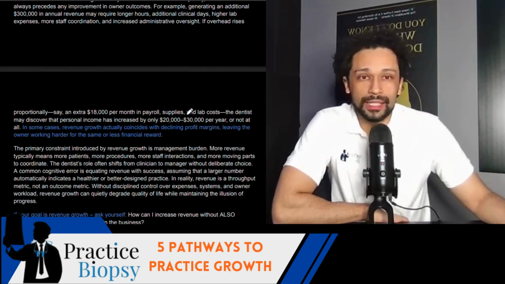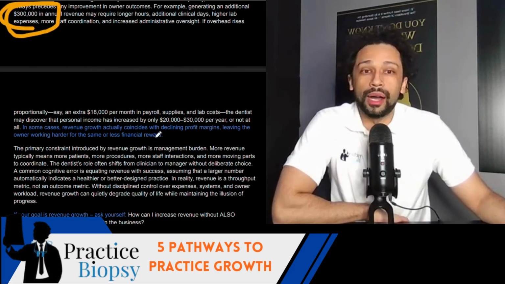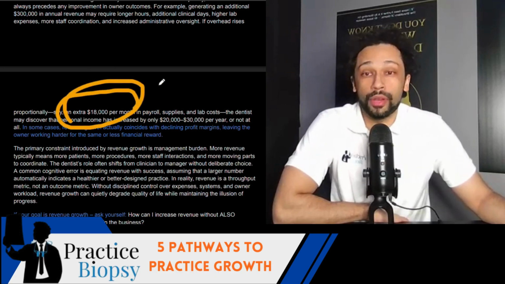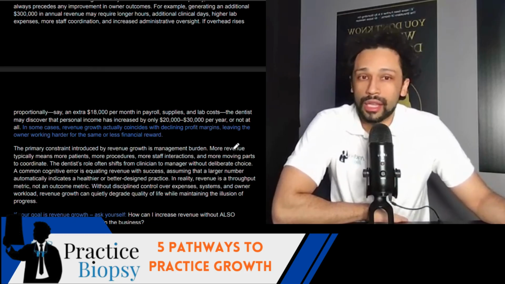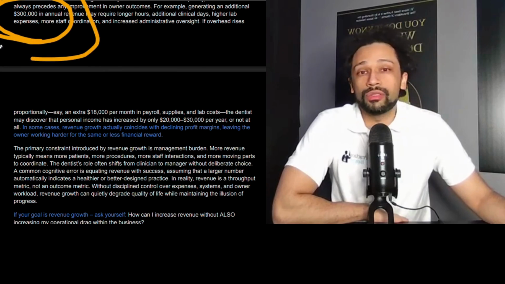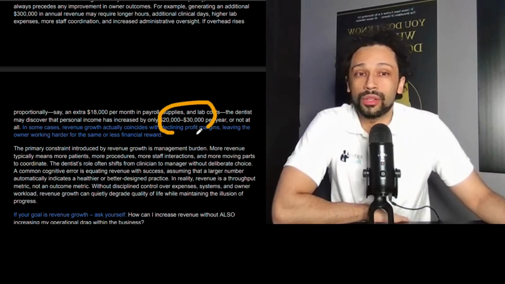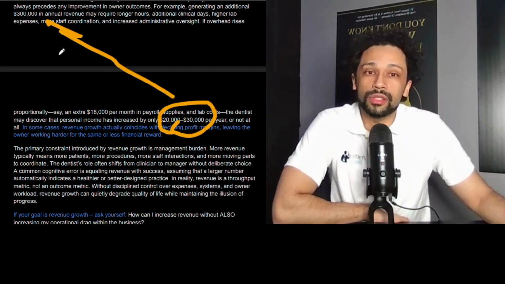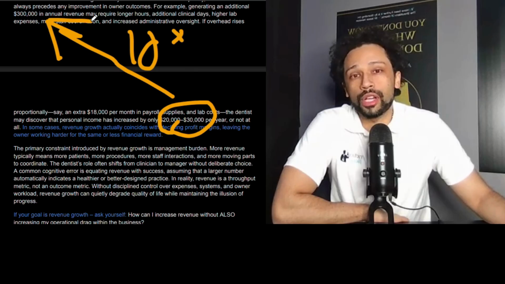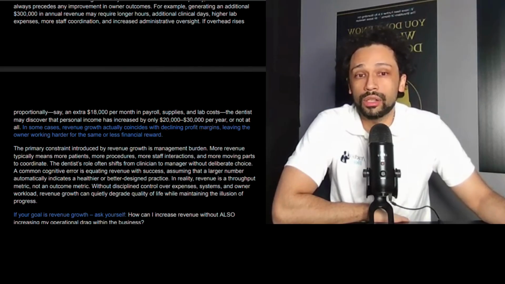For example, let's say that we grew the practice by $300,000 extra in annual revenue, but we're spending an extra $18,000 a month on the cost of that growth, the supplies, the lab costs, the payroll. And though we may have increased our annual revenue by $300,000, maybe the bottom line has only increased by $20,000 or $30,000, which is a 10x difference. Okay, so yeah, it's an increase. You're making a little bit more here, but look how much extra work you're doing. Okay, this is a 10x difference, and not necessarily in a good way.